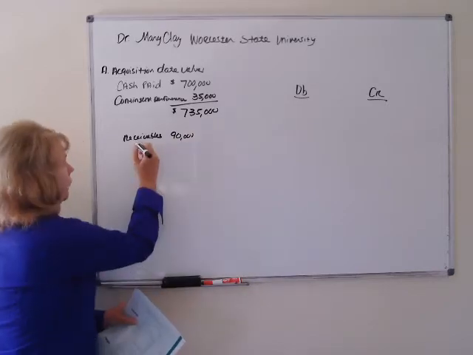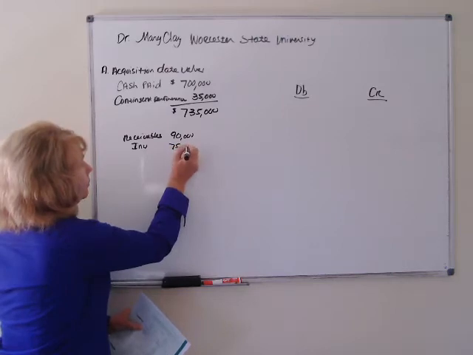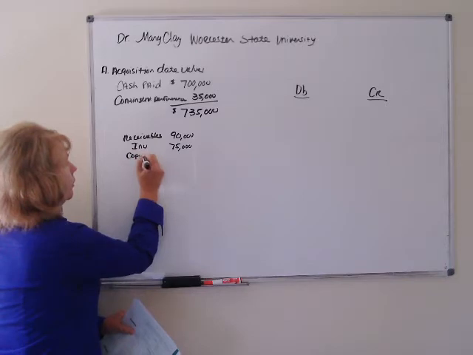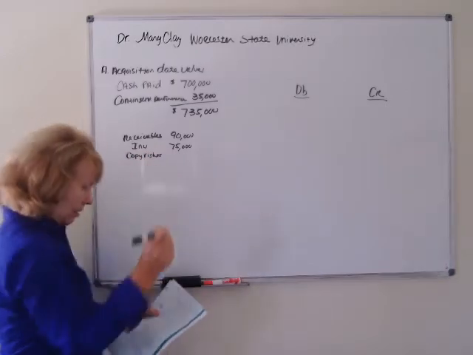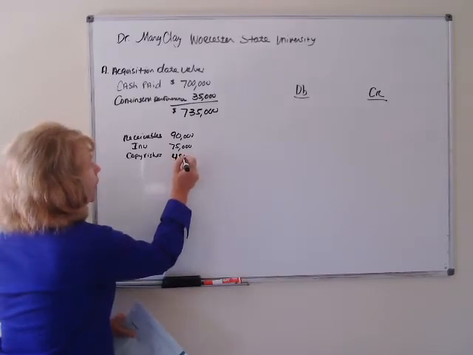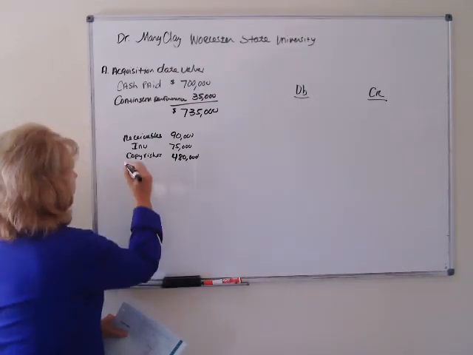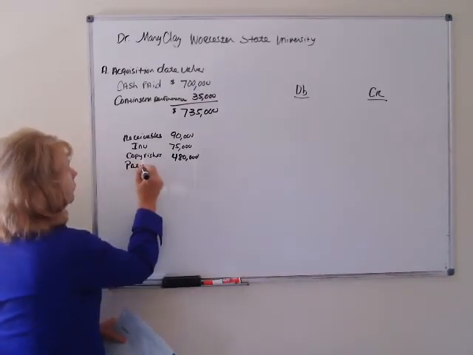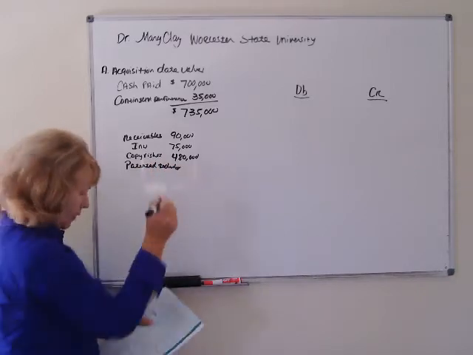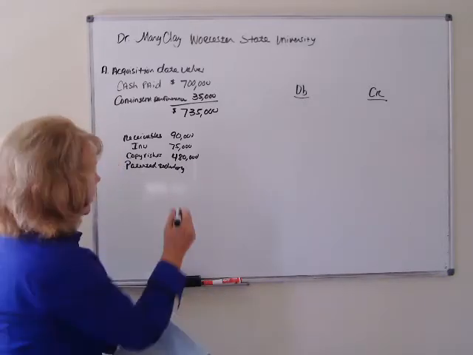We're going to take inventory, which is 75,000. We're going to take copyrights. Remember, these are all assets. The copyrights are 480. I want the fair market value. Everybody remembers that. I want the fair market value. Then I'll take patented technology, and that is 700,000.